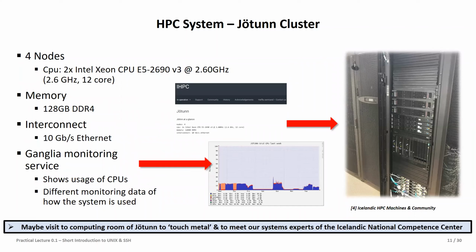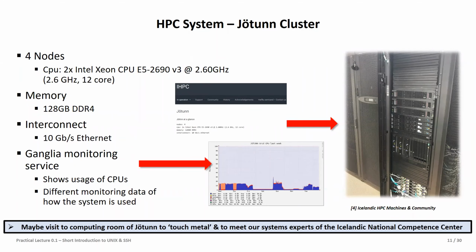Then the Jötun cluster that we have here in the Icelandic National Competence Center available for teaching is another machine we're going to use. You have here the website eHPC, under this link, where we are already in the moment creating a website which is really reflecting also the community that is here in Iceland. So we will actually really increase the presence of the website.